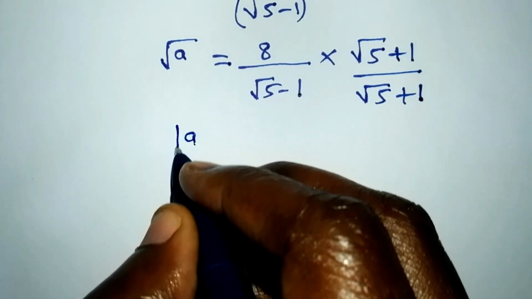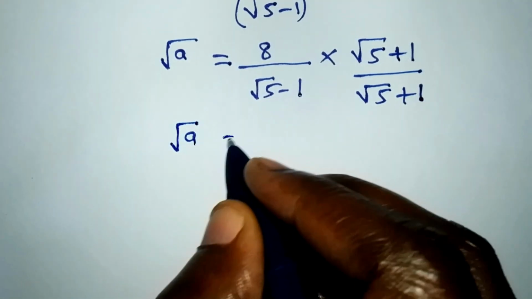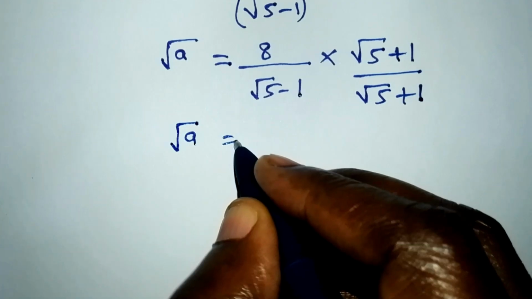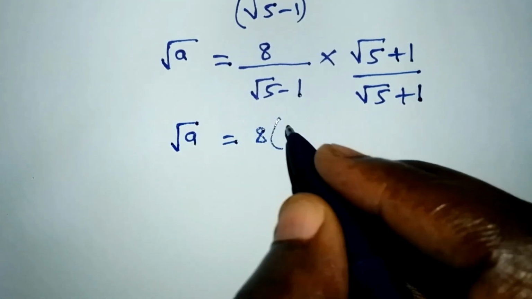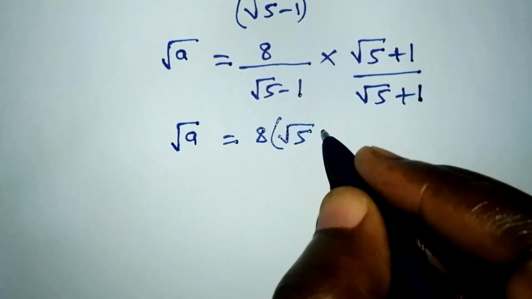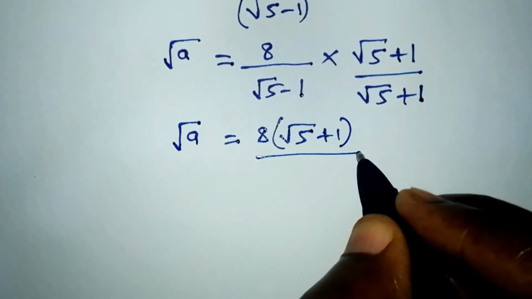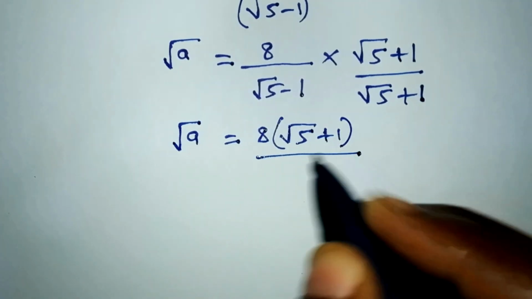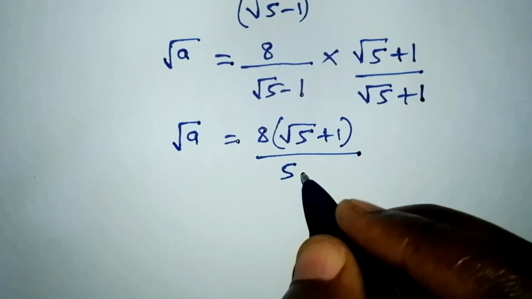Square root of a equals 8 bracket square root of 5 plus 1 all over 5 minus 1.